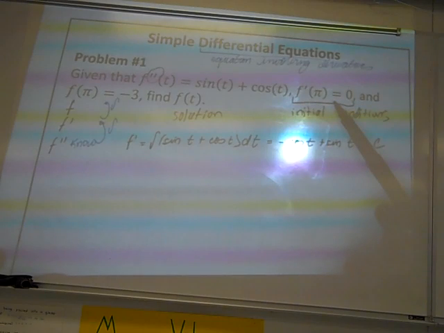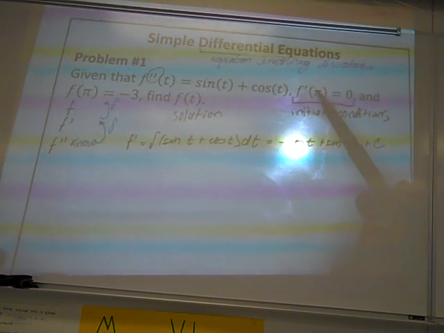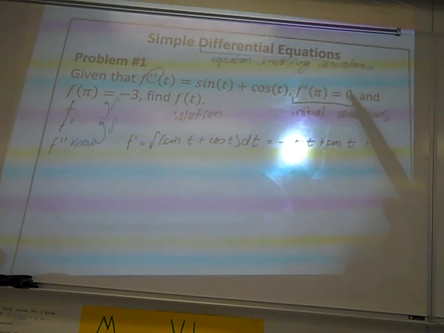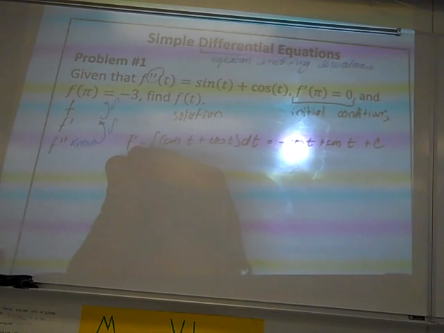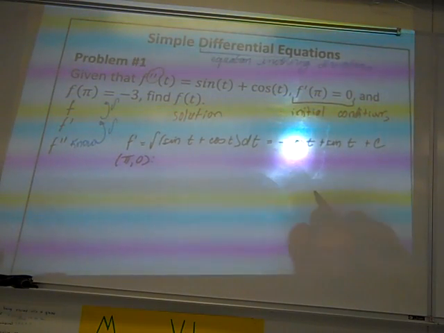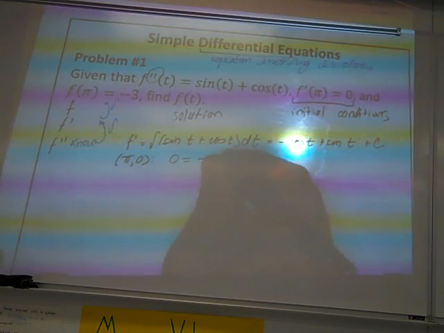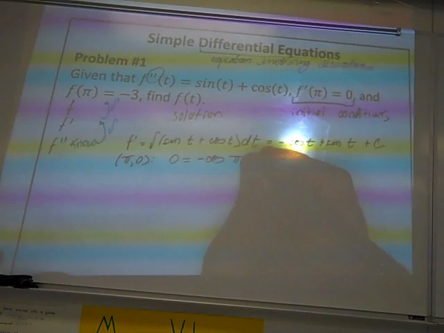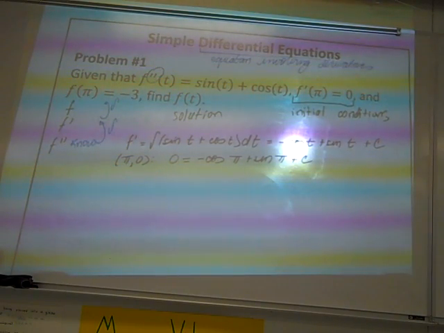But I was given that f prime of pi is equal to 0. So another way to say that is when t is equal to pi, then the derivative is equal to 0. Well, let's use that. I can rewrite my derivative as 0 equals negative the cosine of pi plus the sine of pi plus Charlie.